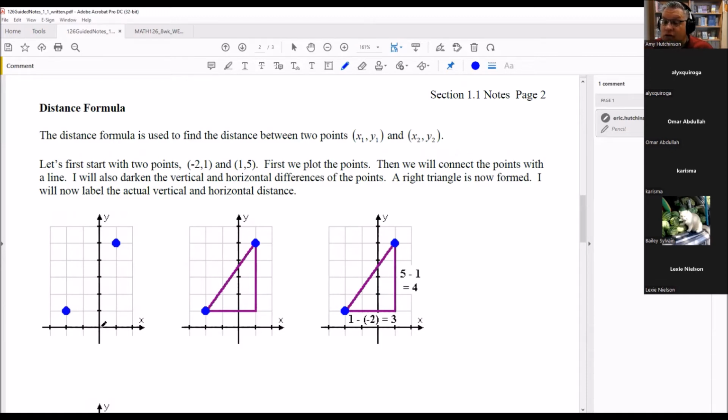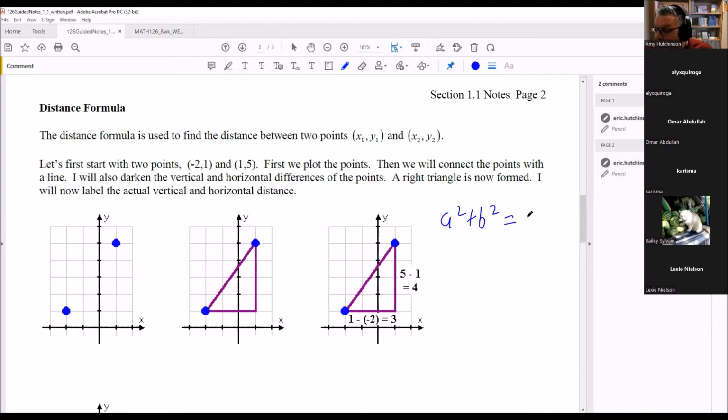So from the 0, 0, we go 2 places to the left and up 1 unit to get the -2, 1. We have 1, 5, over 1 and up 5 to get to that point. And then what's done there is we're going to make a triangle out of those points and then label the sides of the triangle right here. Now, the reason why we're doing that is because there's something that's called the Pythagorean theorem.